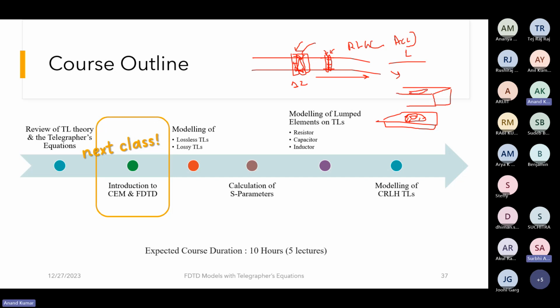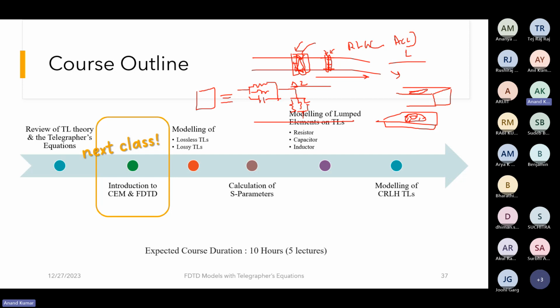Whatever your structure is, let your structure be this box. You can probably make an equivalent circuit out of this. It could be a resistor, inductor, capacitor, or combinations of these, and it could be more complex than this.